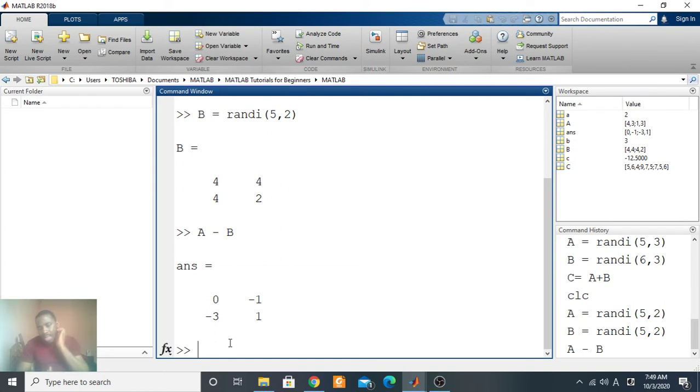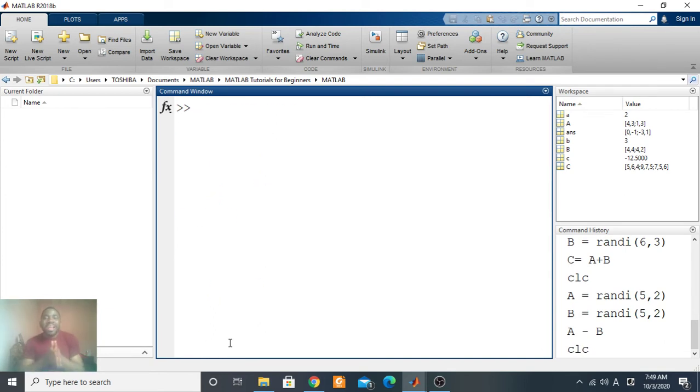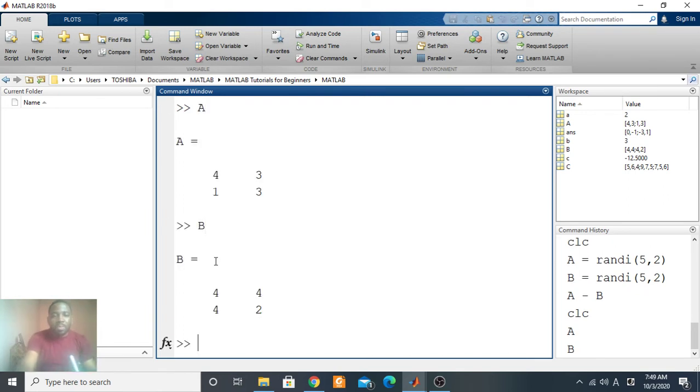Right now, we can also do element-wise multiplication. What does it mean? It means if we have A and we have B, we want to be able to multiply it element-wise. So we want to get the answer of 4 times 4. What will be the result? Then 3 times 4, then 1 times 4, and so on.